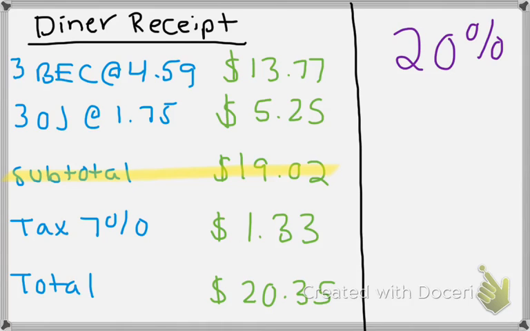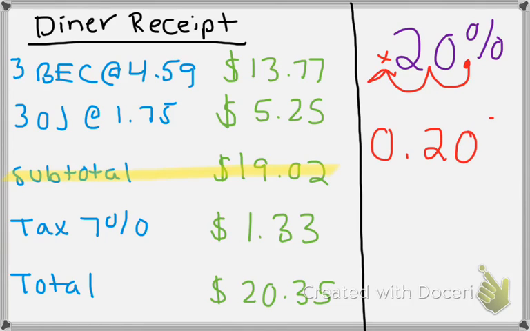In order to find this out, we need to change the percent to a decimal, just like we did with sales tax. It's the same thing. So in order to do that, we have to take the decimal point and move it 2 spaces to the left. So our decimal would be here, right? Move it 2 spaces to the left. So now that turns into 0.20.